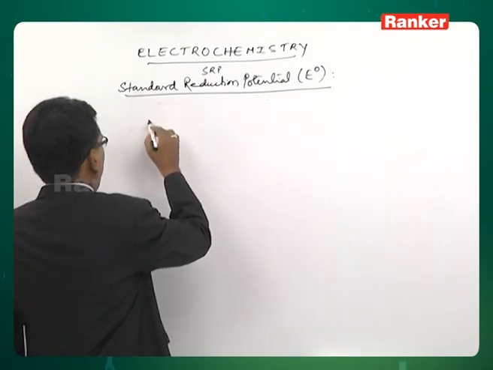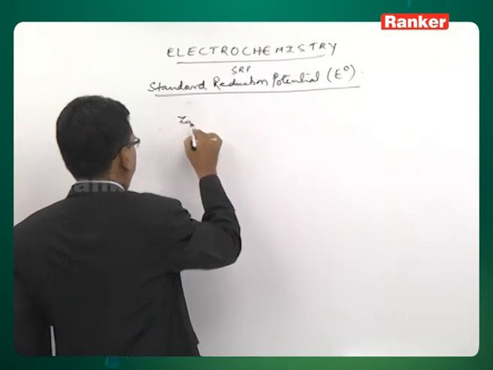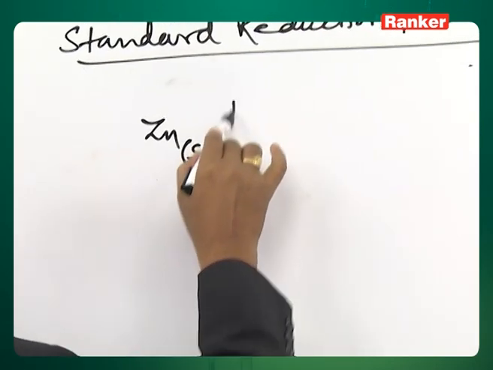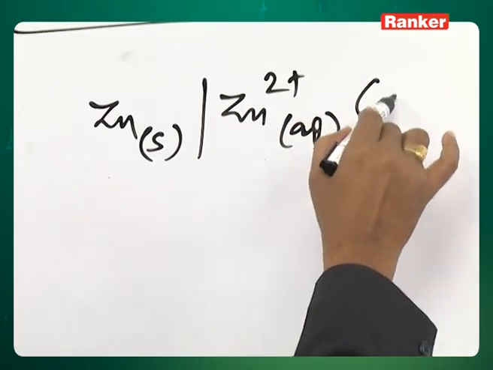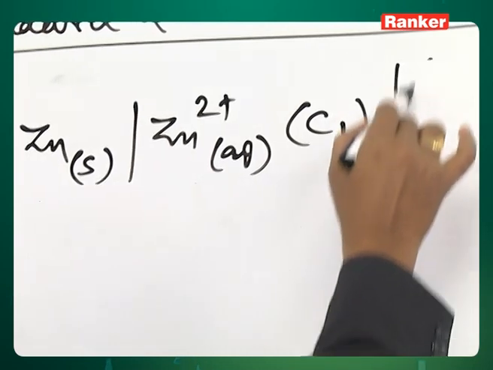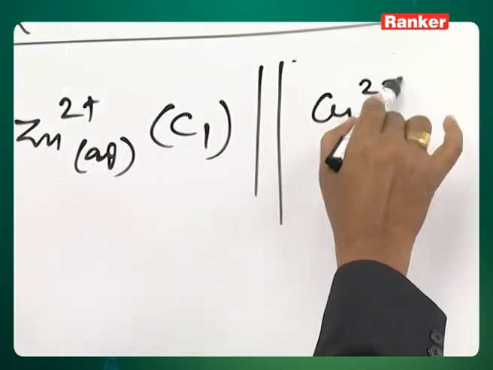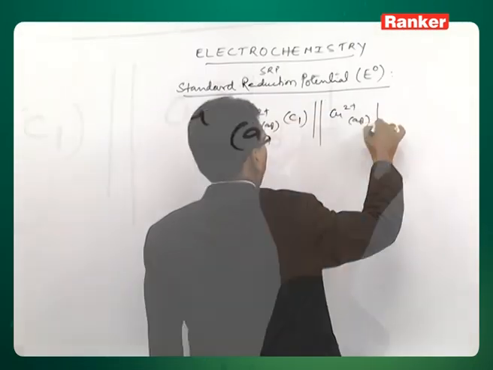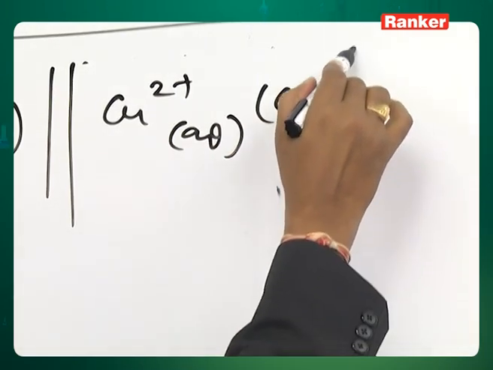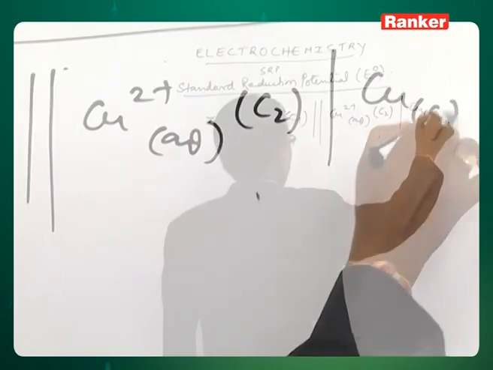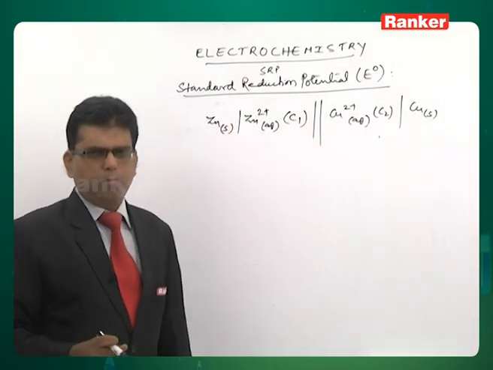Suppose you have two metal electrodes, a zinc copper couple, taking the same example. This is the cell notation.